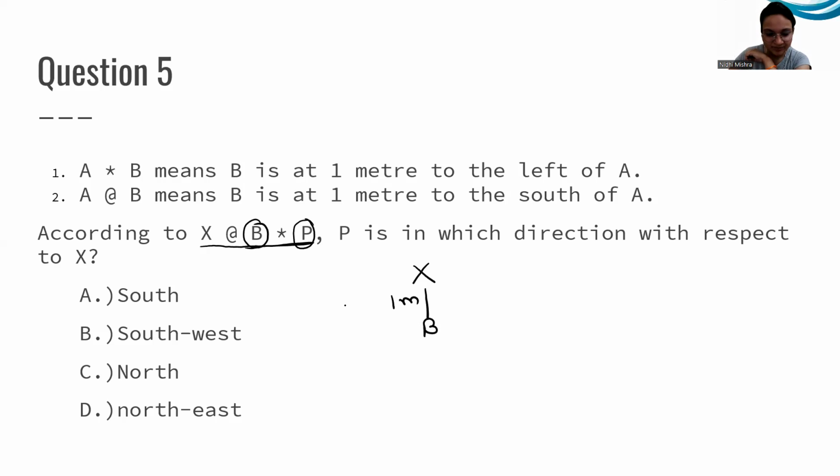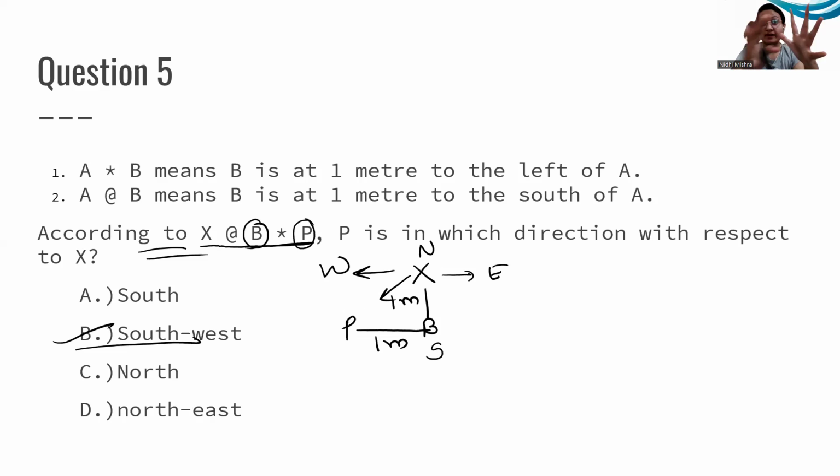So 1 meter to this side, and this is my P. P is in which direction with respect to X? This is north, this is south, this is east, this is west. This is southwest. Correct? Very important. Understanding these things is very important.